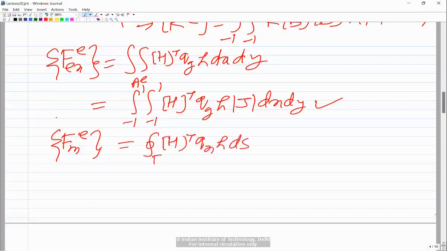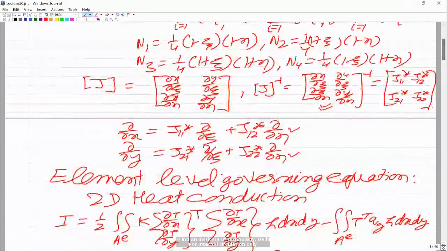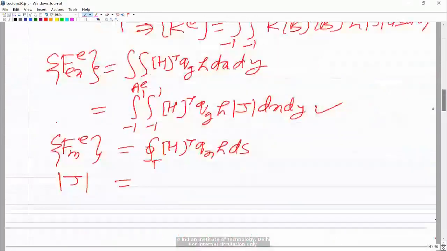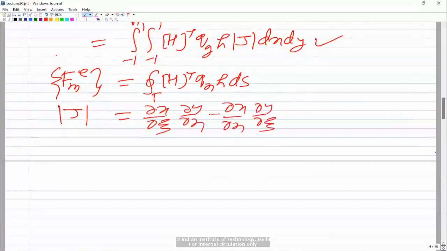And here you will find the determinant of J is, the way we have defined the Jacobian matrix, if you look at this J here, this is the Jacobian matrix. Its determinant would be this into this minus this into this. So the determinant of the Jacobian matrix is basically del x by del xi into del y by del eta minus del x by del eta into del y by del xi. So this is the determinant of Jacobian matrix J.